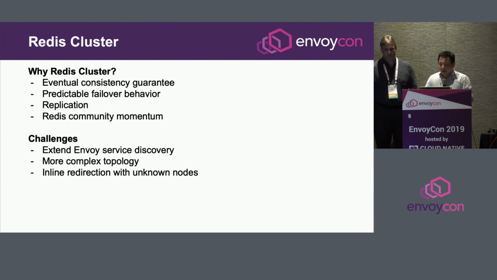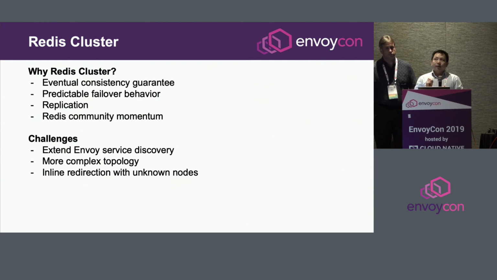And another thing that will come with the Redis protocol. So the Redis protocol basically is you have a consensus, a gossip protocol on the Redis cluster itself to determine what the topology will be. And then you can make a command to it to say, hey, tell me what the topologies are.